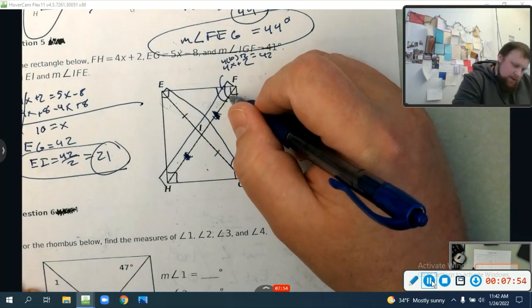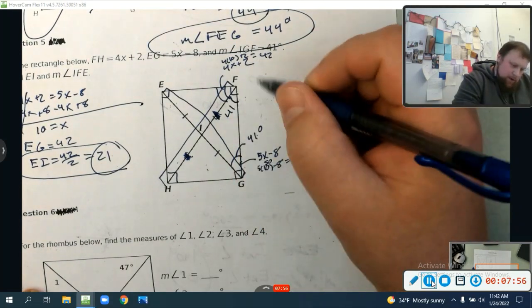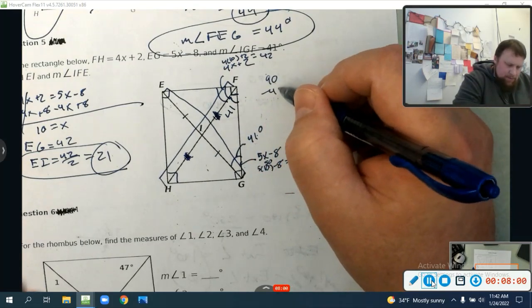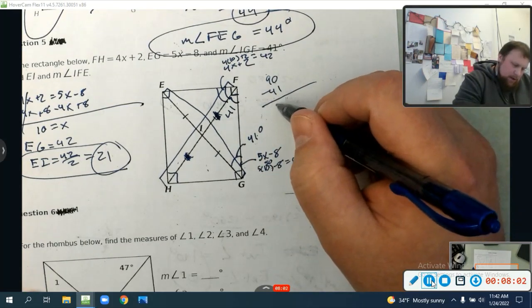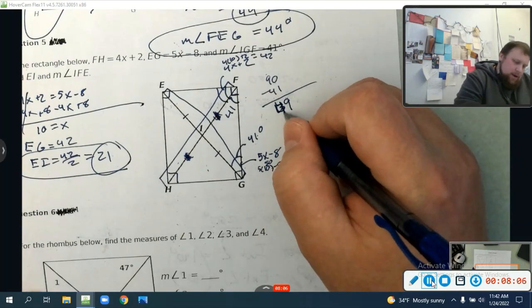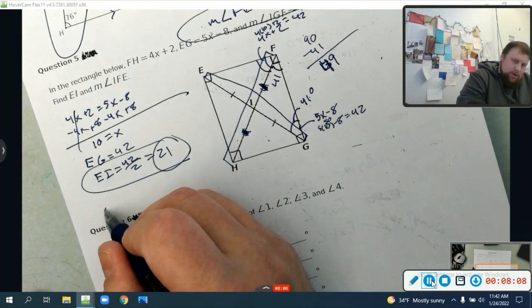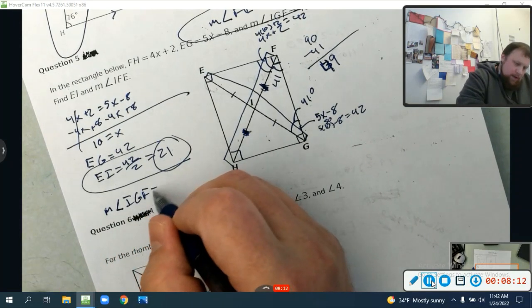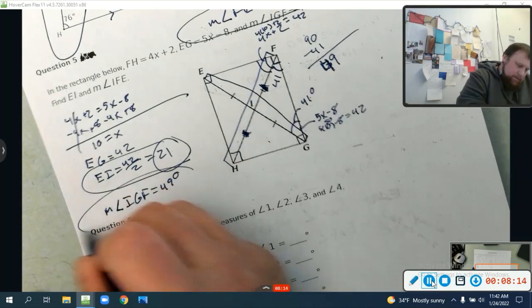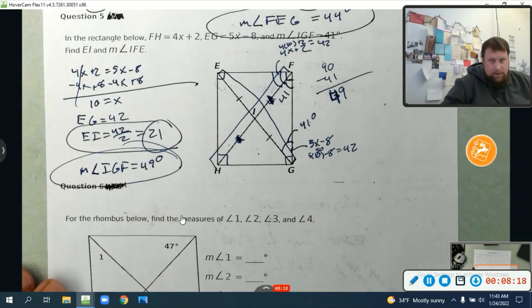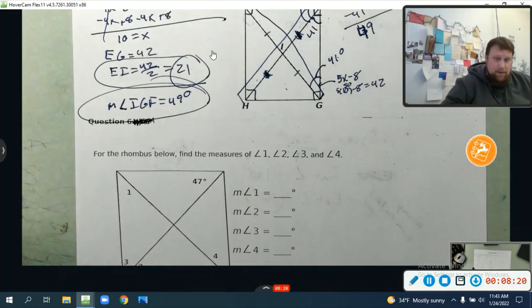So these are isosceles. That makes this angle 41. And since this whole thing is 90, what's 90 minus 41? It's 49. I almost got that wrong. My goodness. So I now know that the measure of angle IFE equals 49 degrees. Boom. Like a boss. Had to think for a second there.